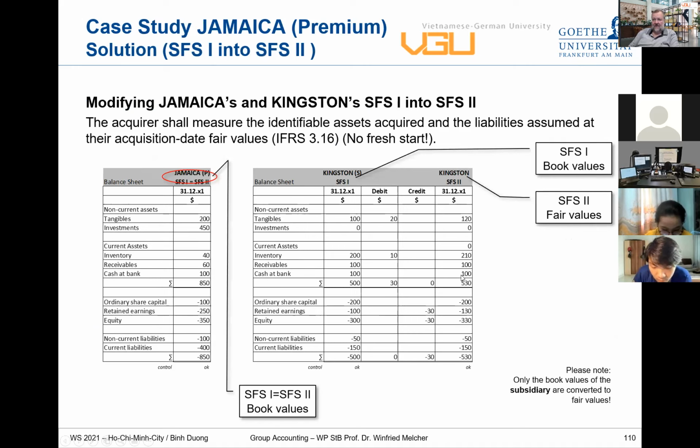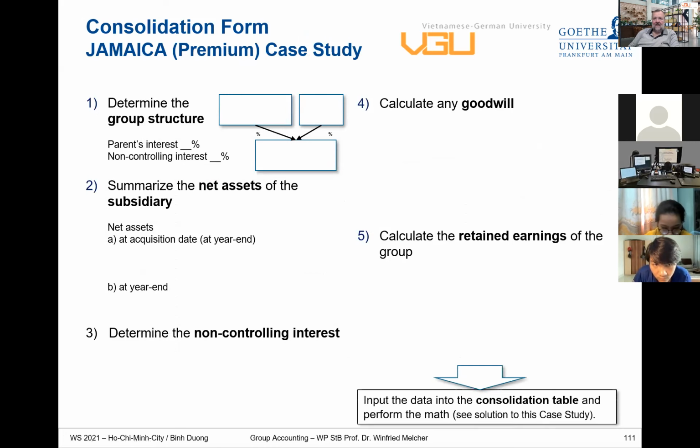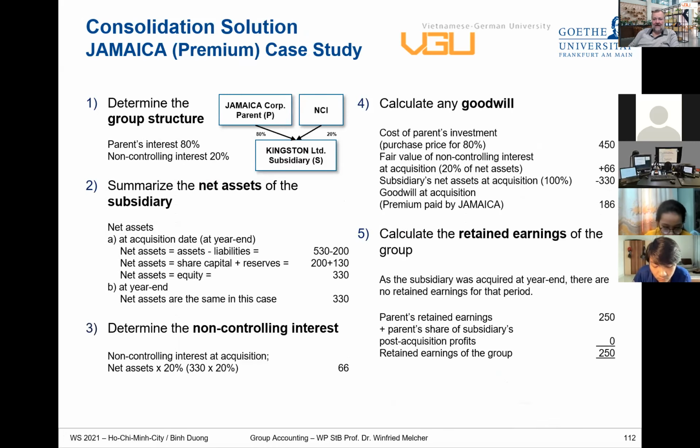This is the number of the assets at fair value. I see in the exam that probably some of you would take 500, but that is not the number at fair value. When we look at goodwill and NCI, we want to know what the fair value is, and therefore we have to take the assets at their fair values.